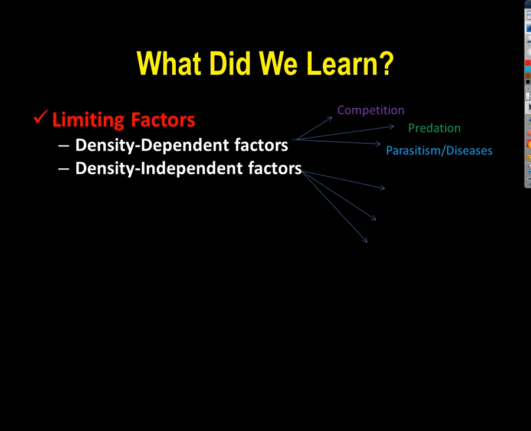And then we have density independent factors, factors that really won't be attributed to the number of the population, and the number of the population won't determine whether the population can grow or not. We can see these as human disturbances, like us wiping out an area, natural disasters, and unusual weather, a long drought, for example, something like that.